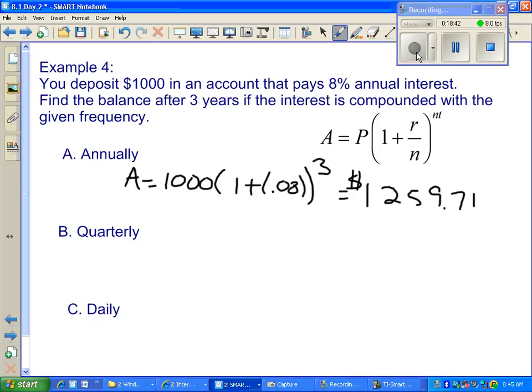Let's compound quarterly. That means after every 3 months. My A is equal to my principal, 1,000, times my 1 stays the same, plus 0.08 is now going to be divided by 4. And this is 4 times 3, which we all know is the number 12.